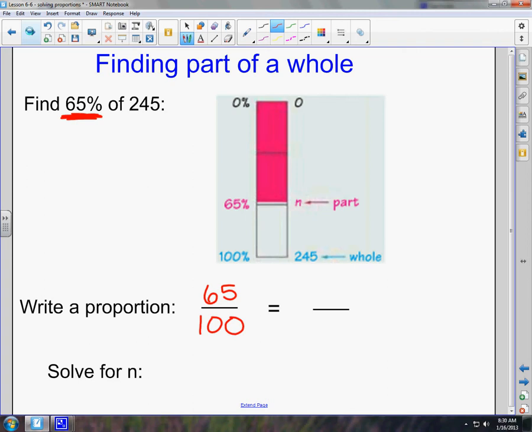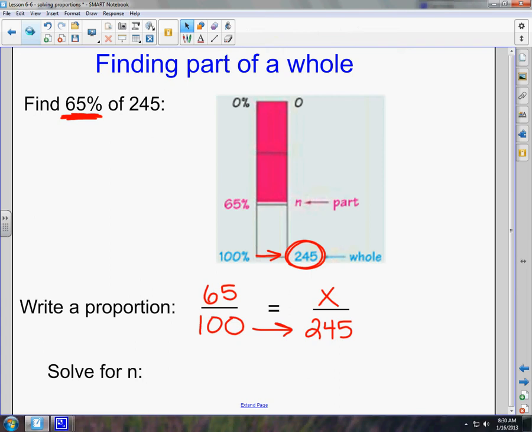Then 245 is my whole, so that has to go on the bottom, across from the 100. And then X or N goes above the 245.